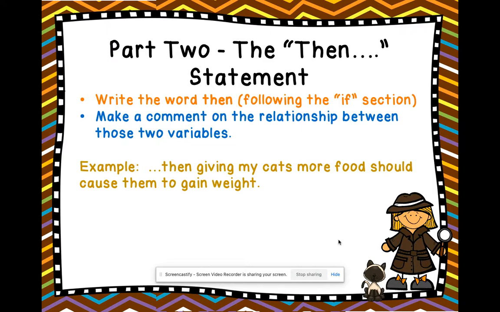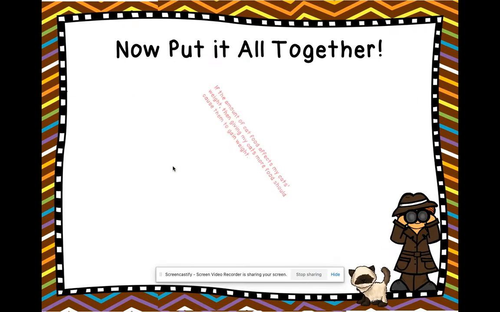Okay, example. Finish that sentence with the word then. That's why I call it the if then hypothesis method, because you're beginning with the word if, then in the middle, you're literally using the word then. So, example, then giving my cats more food should cause them to gain weight.